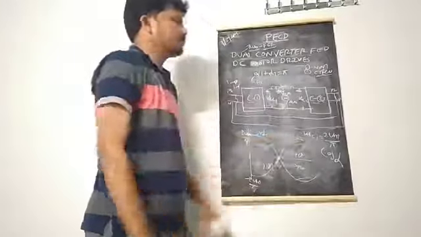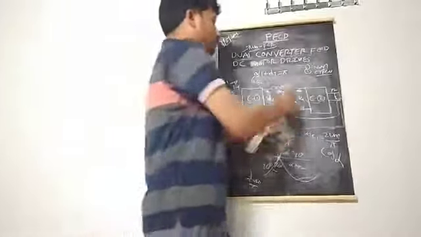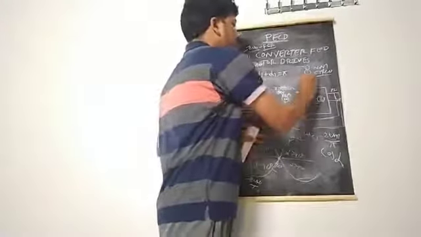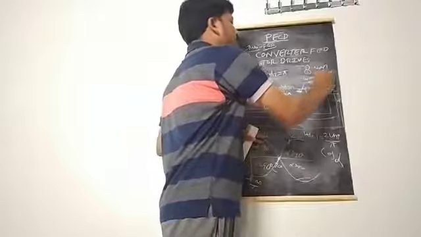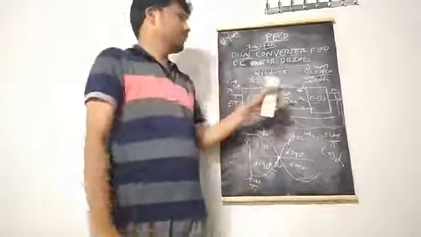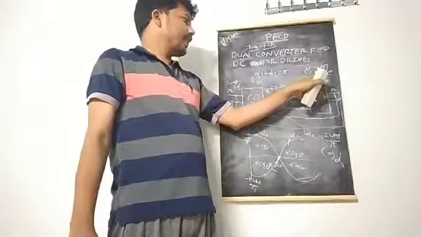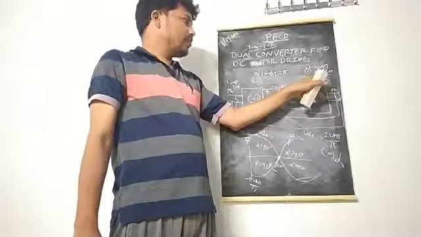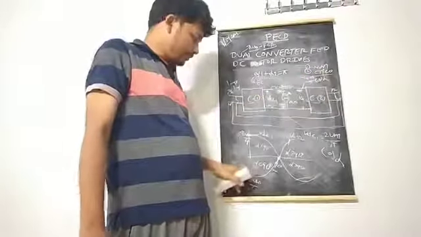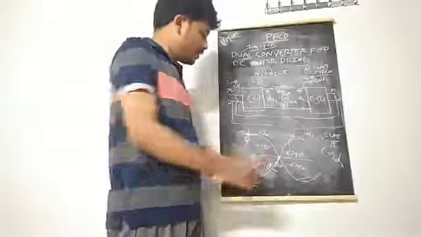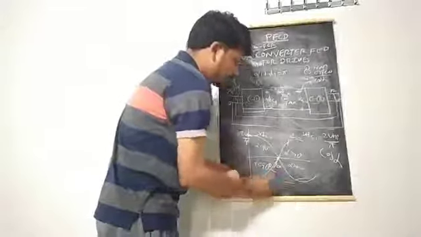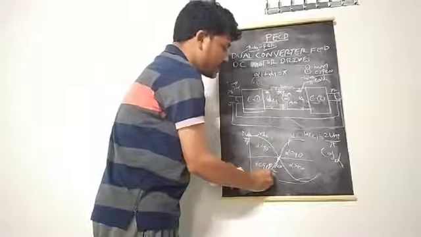Similarly converter 2. What is the output? VDC2 is minus 2Vm by pi cos alpha. This is the output of each converter. So if alpha equal to 0, what is the value? Minus 2Vm by pi. The same holds for converter 2, that is VDC2.